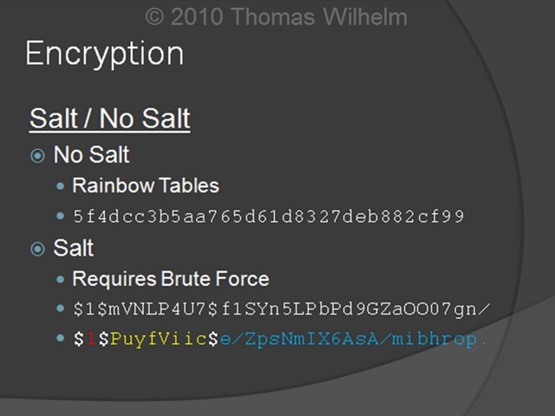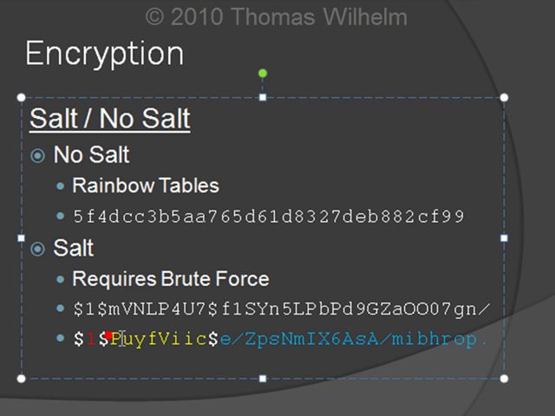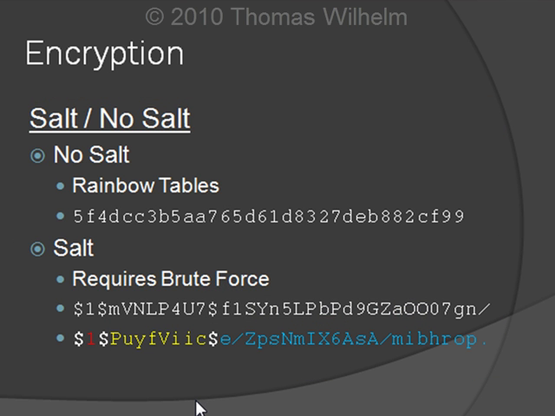When you use a salt and you add some additional variables to it, and in fact it's this center part between the second and the third $, and I'm highlighting it there, when that salt is added to the original password, it provides a different output.